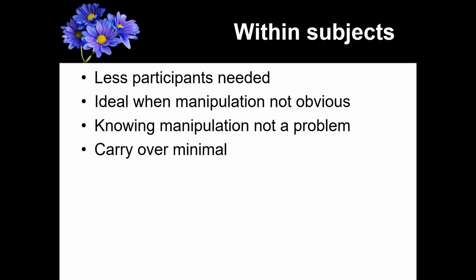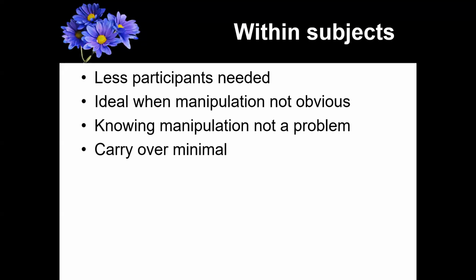And then the other one is when the manipulation is not obvious. So let's say you're running some sort of study and it's pretty much impossible for them to figure out what the manipulation is.